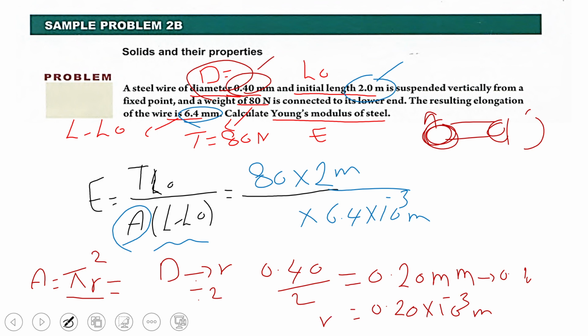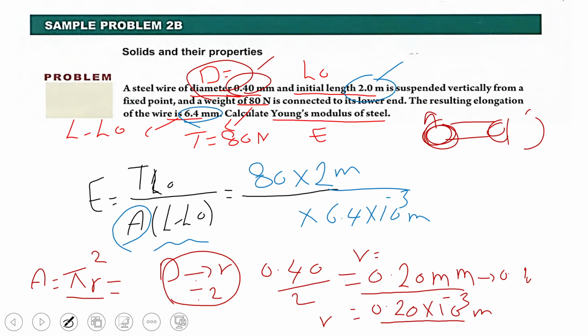So diameter is equal to 0.40 millimeter. First you have to make this diameter into radius by dividing by 2. 0.40 divided by 2 becomes 0.20 millimeter. Now this is radius because we divided by 2. But it's millimeter, you have to make it meter by times 10 power negative 3 meter.